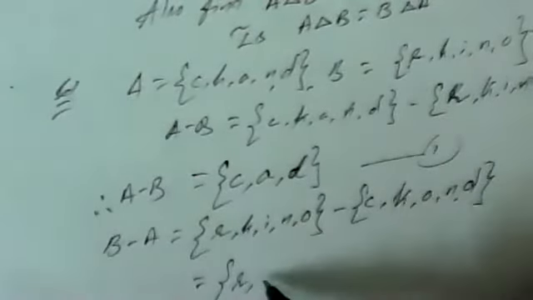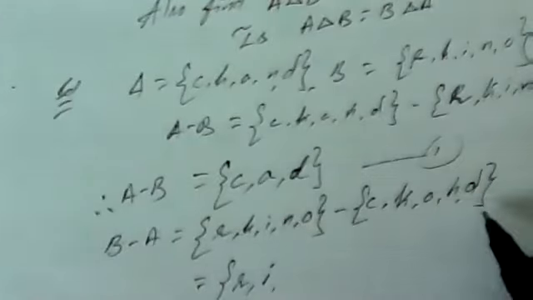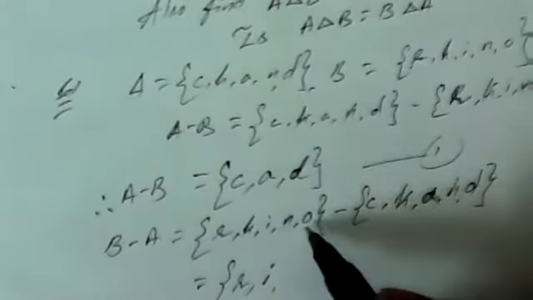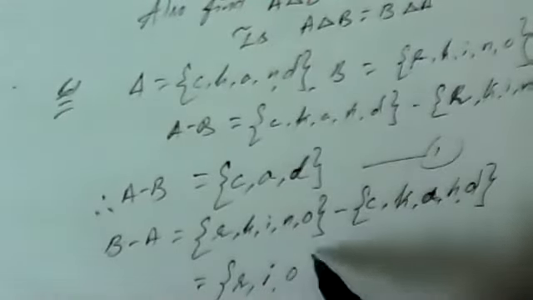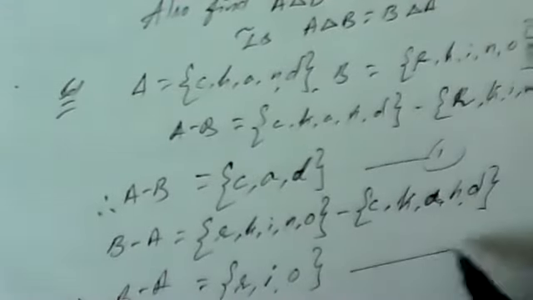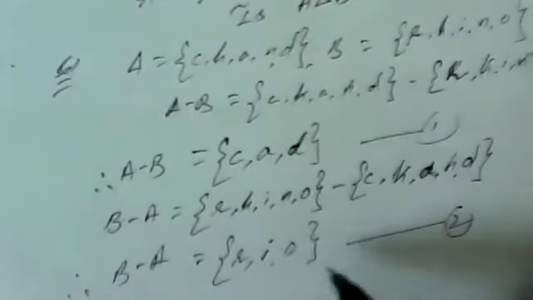I is not there, you can write I. N is common. O is not there, we write O. So we write R, I, O. What we got is B minus A is this one. So this is 2.